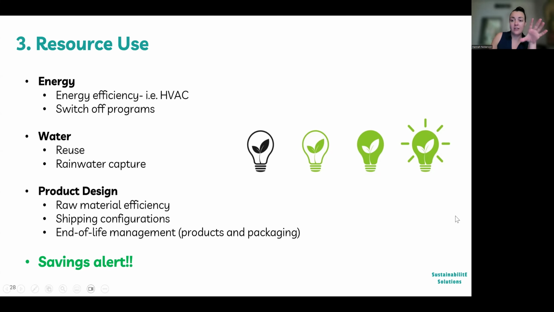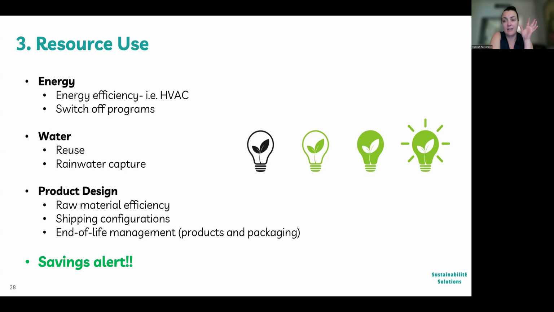This part here, this is where you're going to be saving money as a business. Sometimes sustainability costs money, sometimes it can save you money. And in these efficiencies, there's tons of rebates for especially energy projects out there in the US now, with funding trickling down from the IRA. Installing renewables has never been cheaper.